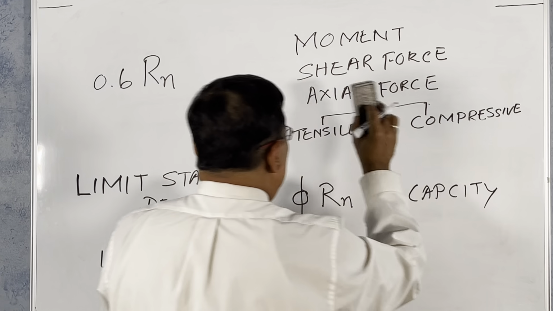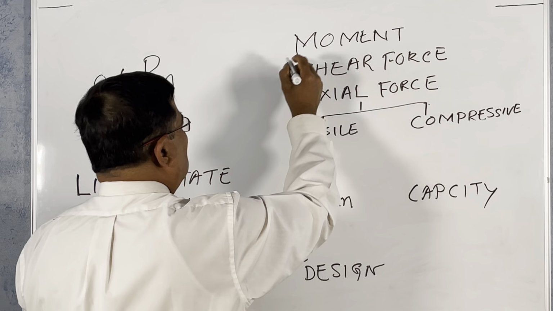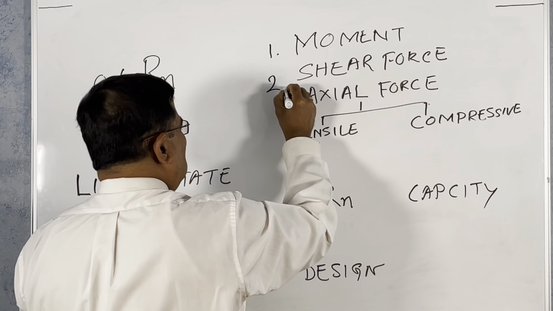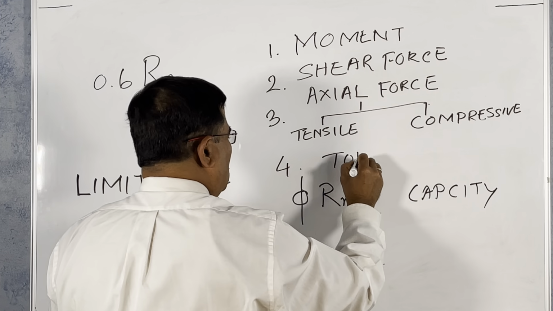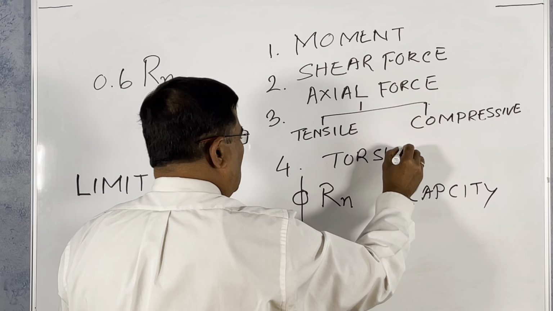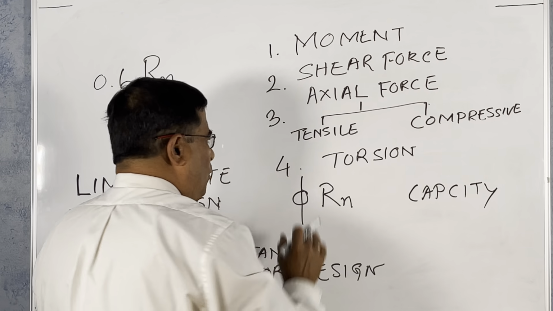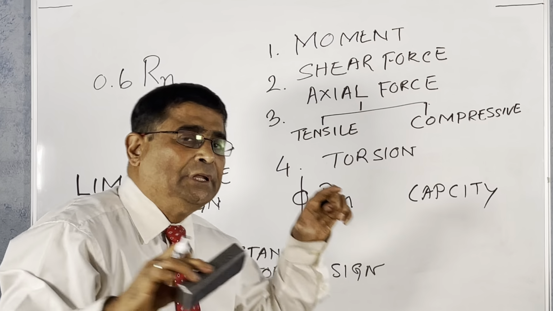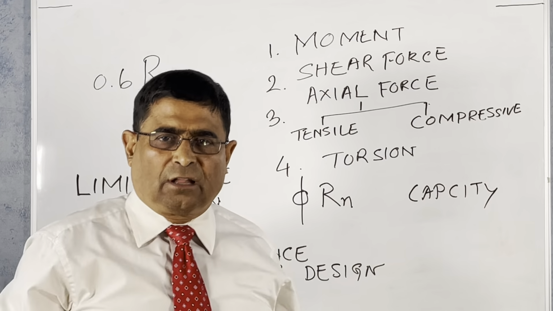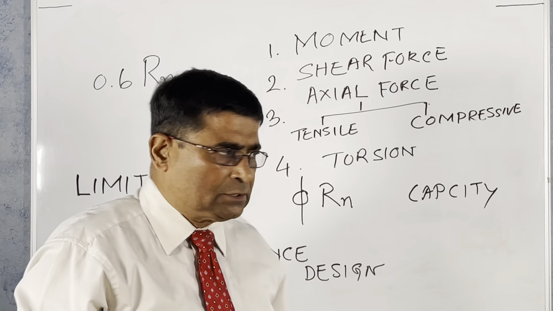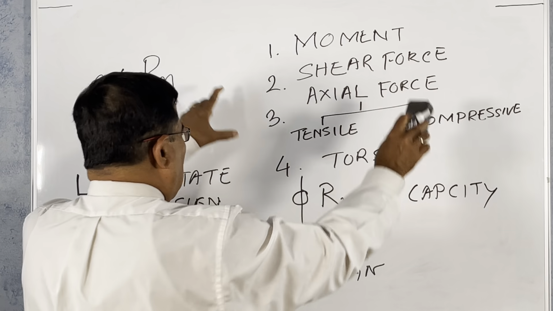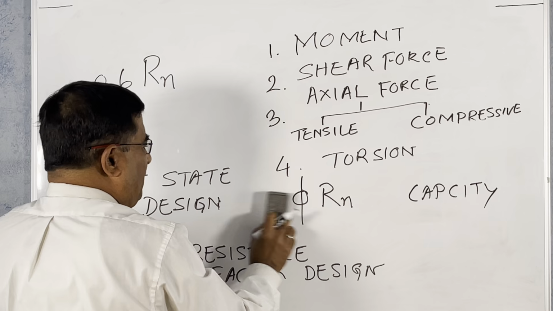And the last one, 1, 2, 3, 4, is torsion. These are the 4 forces that develop within the member because of the external force. I will talk about the external force. So these are the forces developed here.